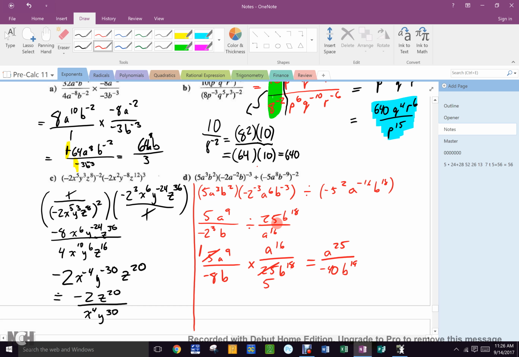So that's okay. Let me see. So we're good there. Negative 8b. Yep. And this side, it's this side that I just am double checking.